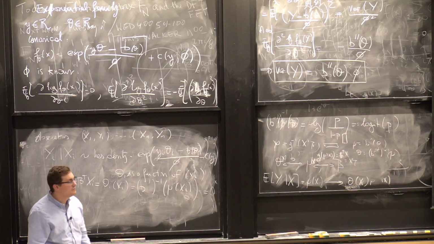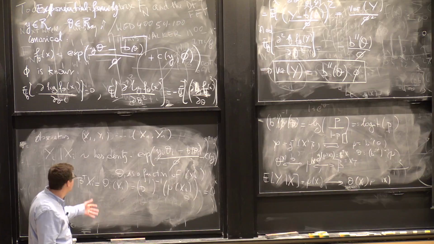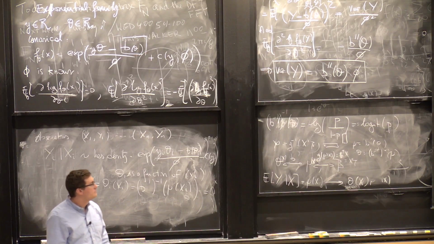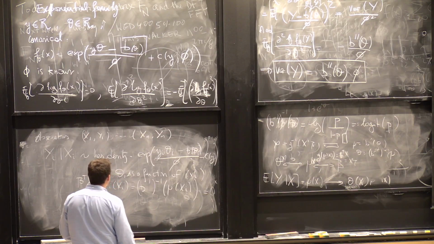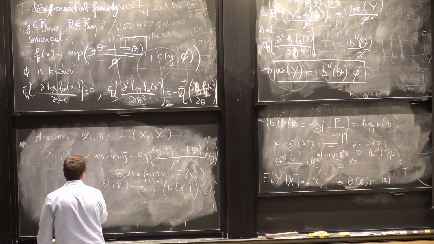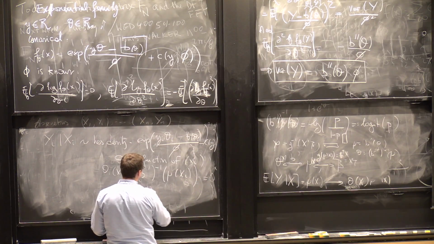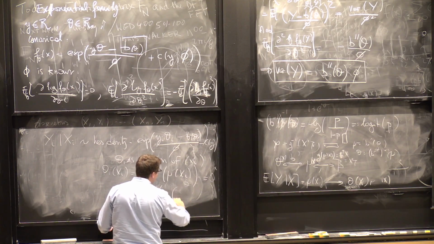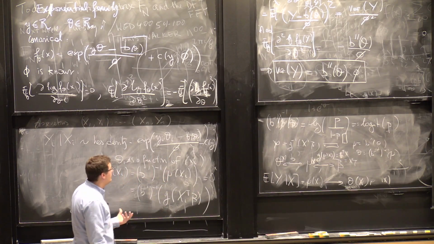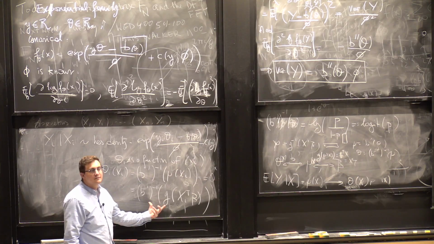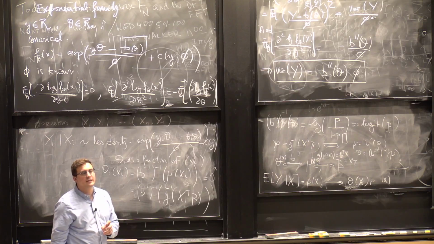And this is why I have a theta i, because this theta i is a function of xi, and I'm going to assume a very simple form for this thing. Sorry, I should not write it like this. This is only when I have the canonical link. So this is actually equal to b prime inverse of g inverse of xi transpose beta. And when I have the canonical link, those two things are canceling each other.